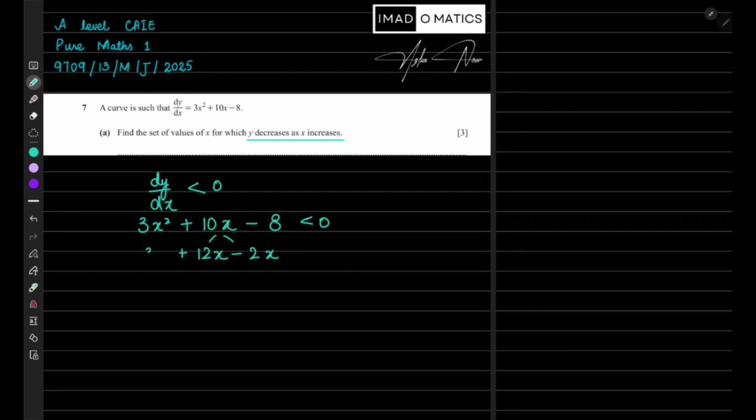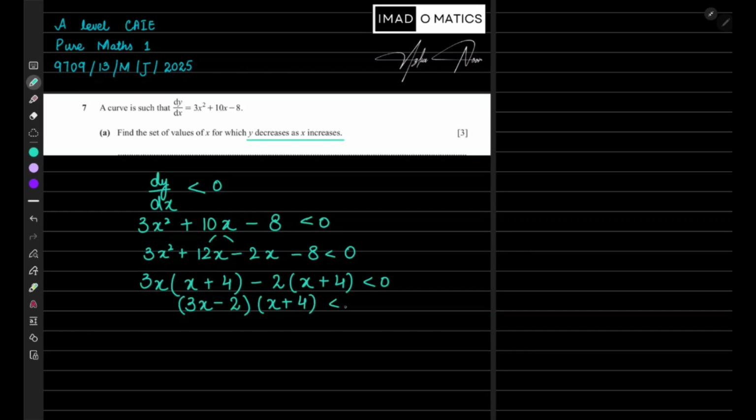So this will be 3x squared plus 12x minus 2x minus 8 less than 0. Now taking 3x common, x plus 4, minus 2 common, x plus 4. So it will come out to be 3x minus 2 and x plus 4.